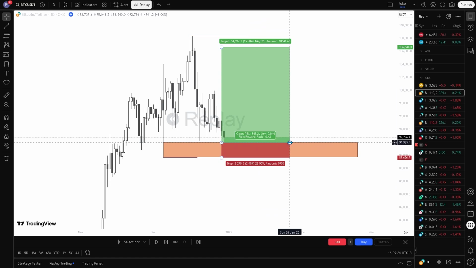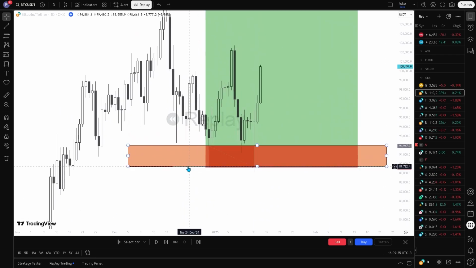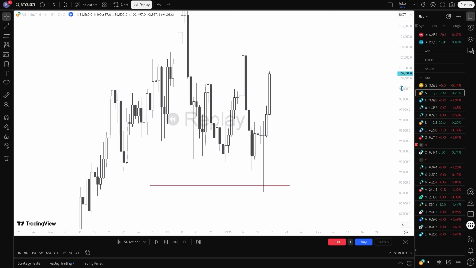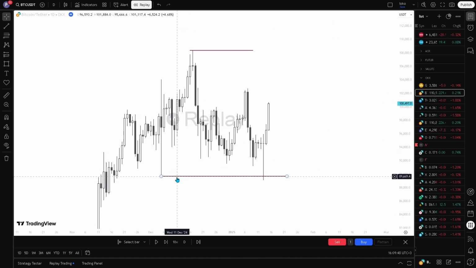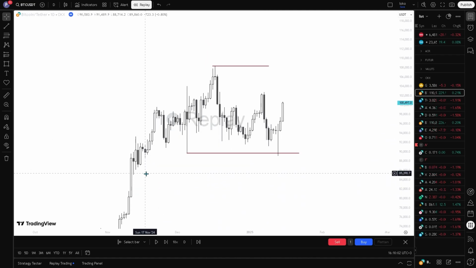So here he gets a loss, and after that the price grabs all the liquidity on the left side and his deal is unsuccessful. After that the price, in the smart money concept, grabs liquidity, gets the money of retail traders, and after that it is going up after the liquidity grab.